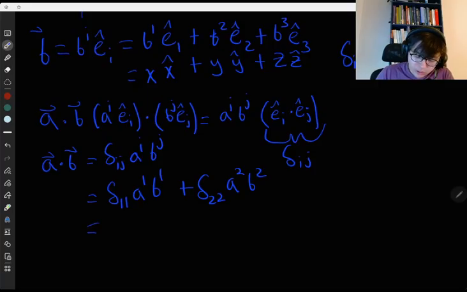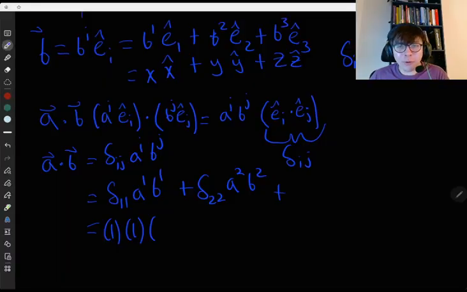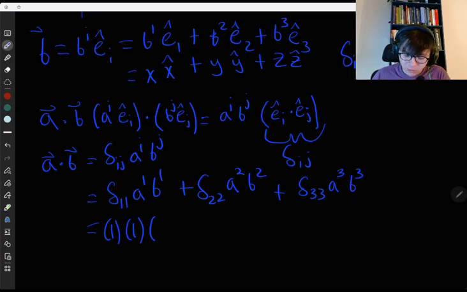So now we can just replace everything we know. Well, delta 1 1 is 1, A1 is 1, and B1 is, oops, sorry, I forgot, we're working in 3 space right now. And then, of course, delta 3, 3, A3, B3. Sorry about that. I still thought I was working in 2 space for some reason.